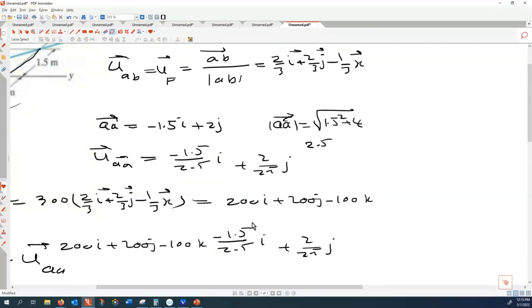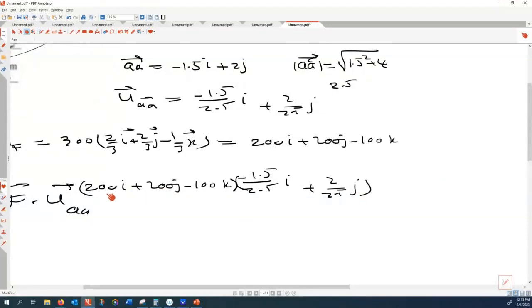Okay, so how do I dot product this? This is not like two parentheses multiplied by each other. You take the dot product of the similar terms. The first parenthesis doesn't have the K component.